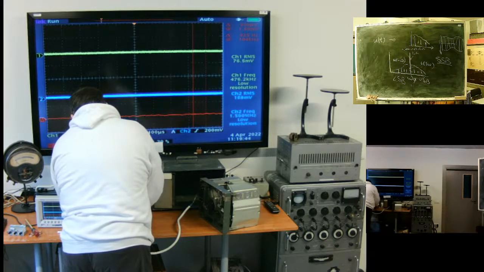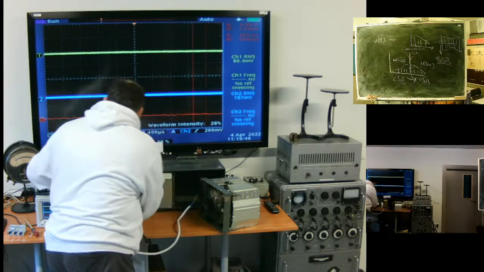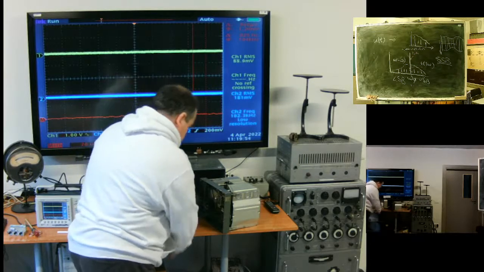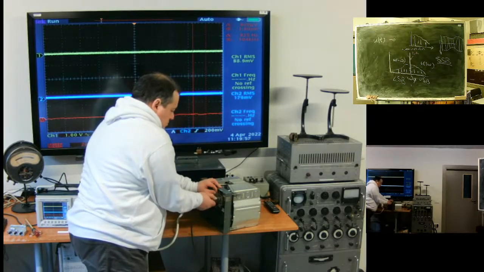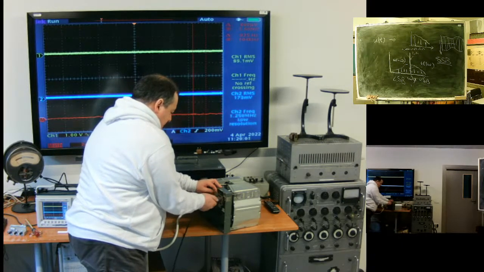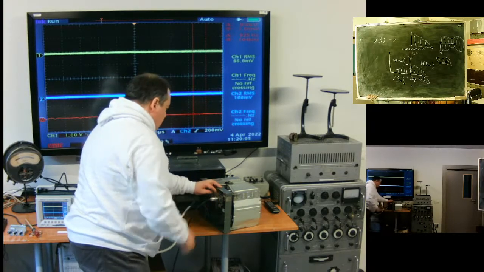First voltage, second voltage, and then connected.